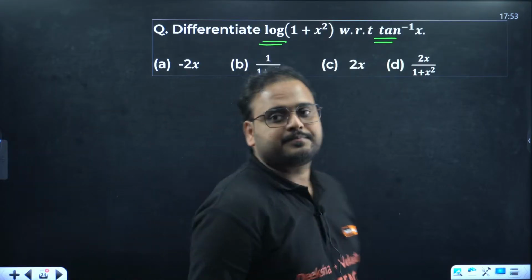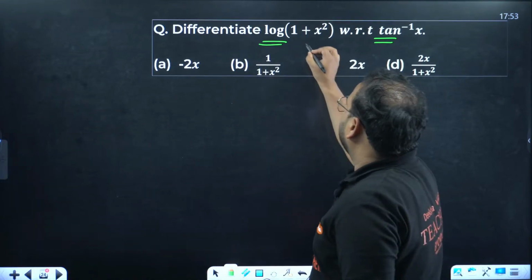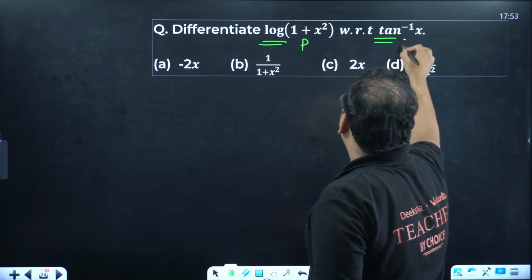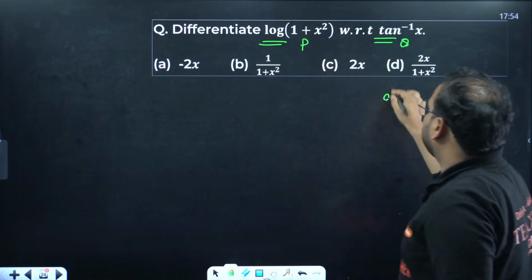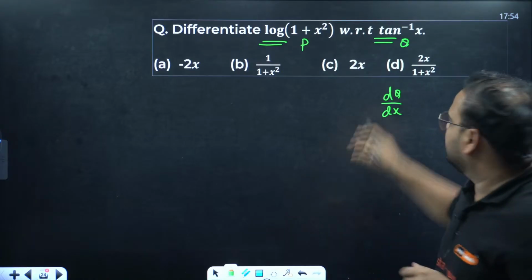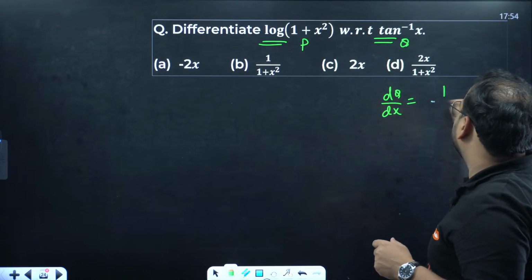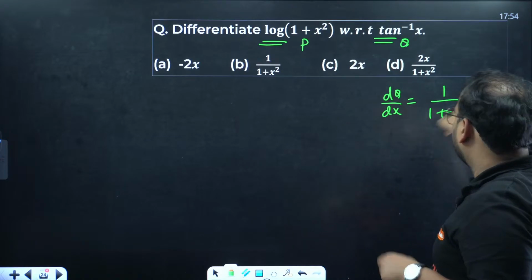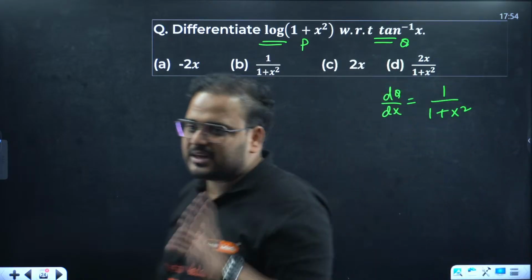Give it a try. Again, assume this as P, this as Q. dq by dx is simple, right? dq by dx is very simple. Tan inverse function derivative we just learned today, 1 upon 1 plus x square.